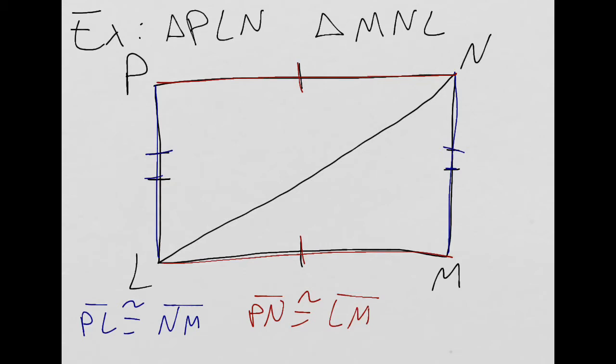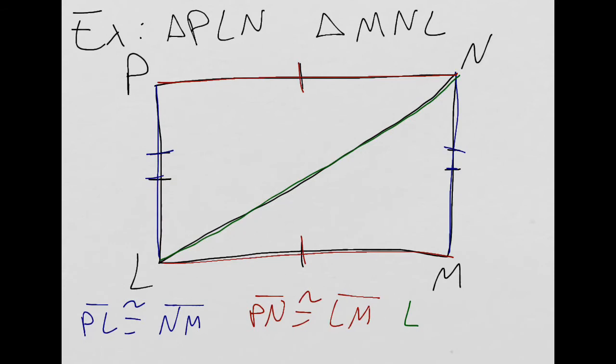So if we look, both triangles share this segment here, LN, and I can say LN is congruent to LN by the reflexive property. We thought that reflexive property was never going to come in handy, but here it is. We've used it to show that the third side of both triangles are congruent because they're the same side.